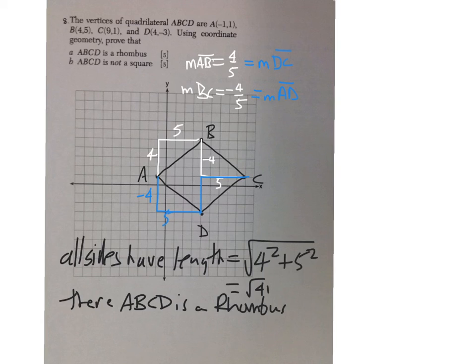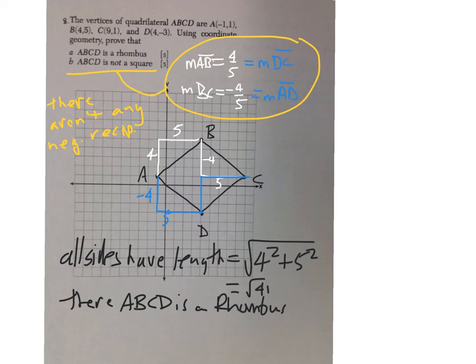Proving it's not a square, well, I've got all the information I need to do that right at the very top. These slopes are opposites of each other, but they are not negative reciprocals. So it's not a square because there are no negative reciprocal slopes. There are none.